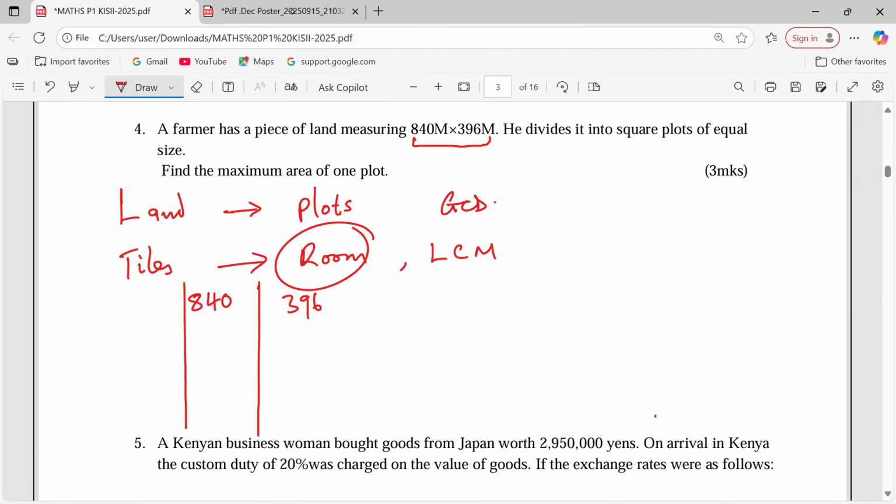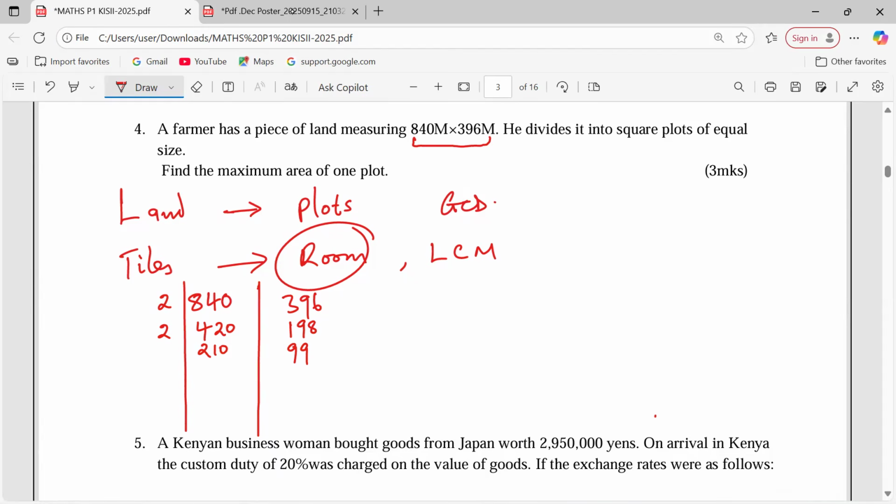We can divide by the least prime factor, which is 2. 840 over 2 gives us 420. 396 divided by 2 gives us 198. We proceed with 2 again: 420 by 2 gives us 210, and 198 by 2 gives us 99.